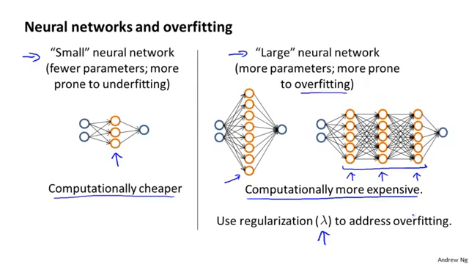But if you want to choose the number of hidden layers, one other thing you can try is find yourself a training, cross-validation, and test set split, and try training neural networks with 1 hidden layer, with 2 hidden layers, with 3 hidden layers, and see which of those neural networks performs best on the cross-validation set. So you take your 3 neural networks with 1, 2, and 3 hidden layers, and compute the cross-validation error J_cv on all of them, and use that to select which of these is, you think, the best neural network.